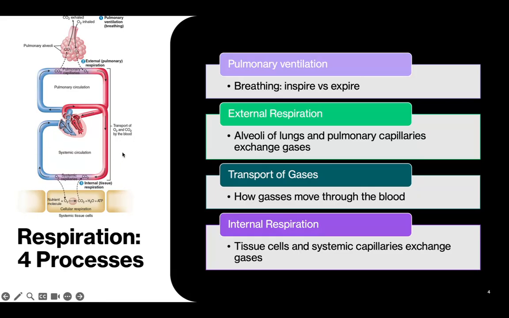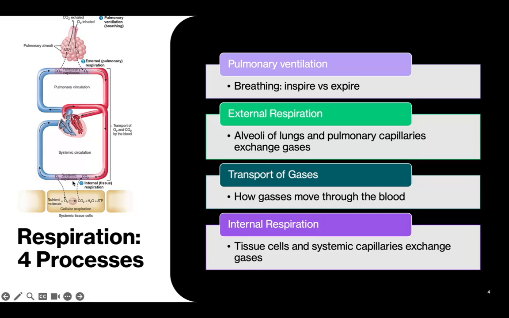Okay, so that would be technically step 3, but on your image, step 3, the last step of respiration, is internal respiration, which we could also call tissue respiration. I almost like to refer to it as tissue respiration more so because, well, you'll see. Okay, so with this internal respiration, we have exchange of gases between those systemic capillaries, right? Because now we're in the systemic circuit. We're not dealing with the lungs anymore.